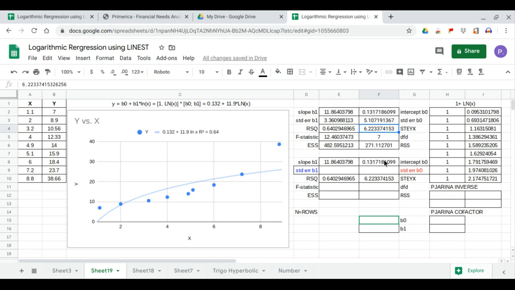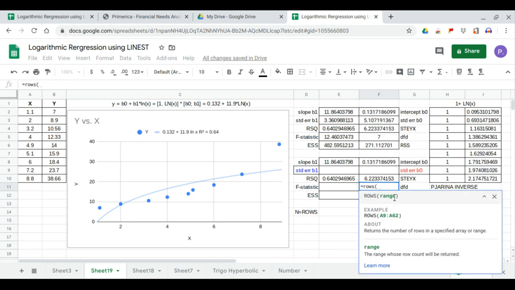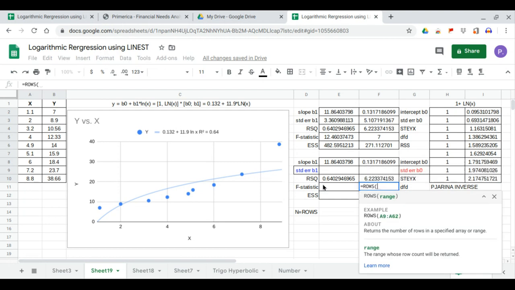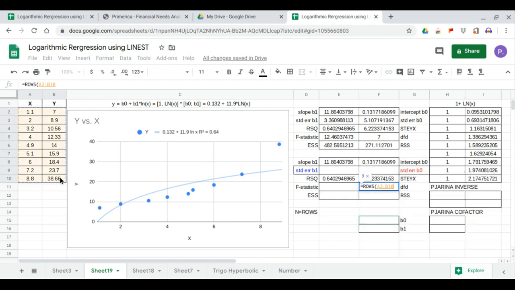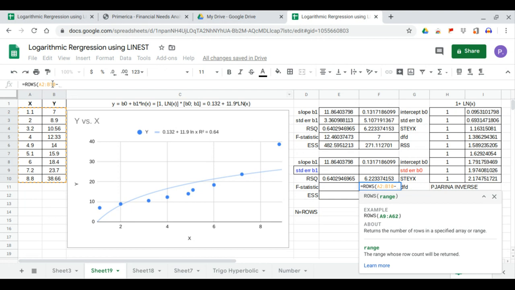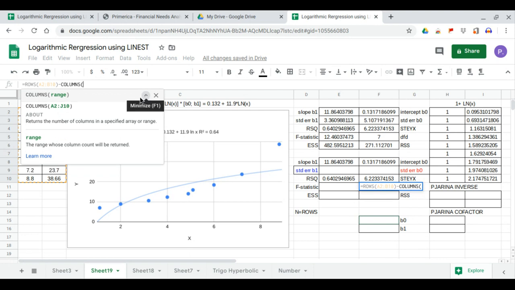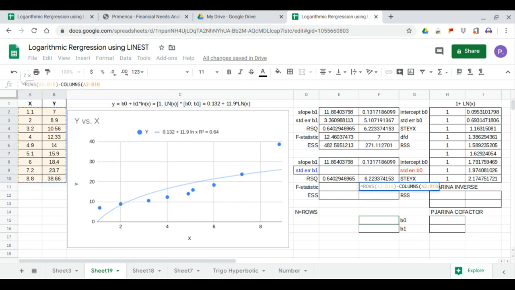We can calculate the degrees of freedom, which is rows of the dataset range minus columns of the dataset range, and that is 7, matching our LINEST output.